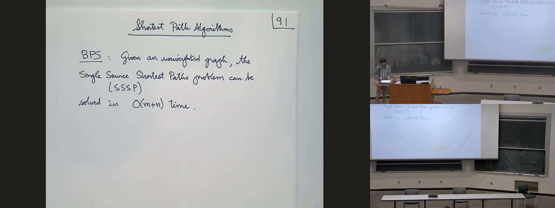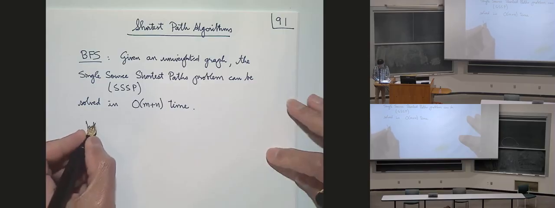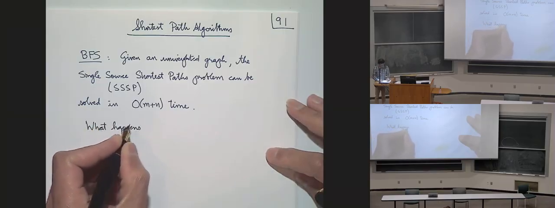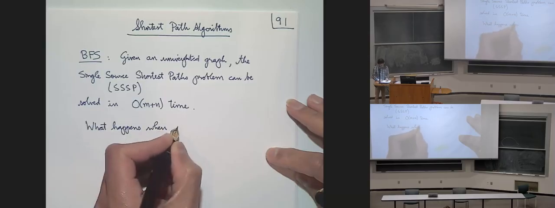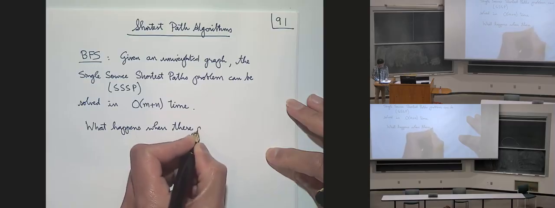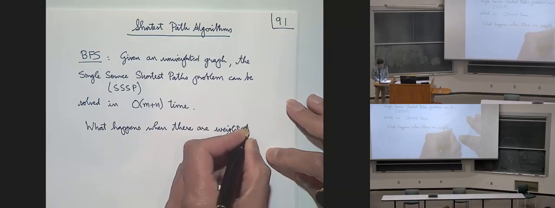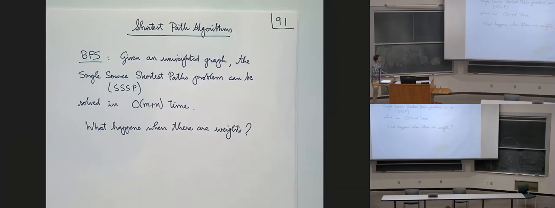Okay. So the question is, what happens when there are weights? And I probably don't have to tell you that for many applications, especially routing on road networks, weights matter.